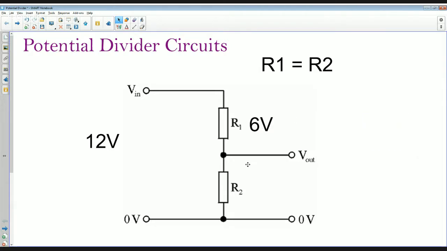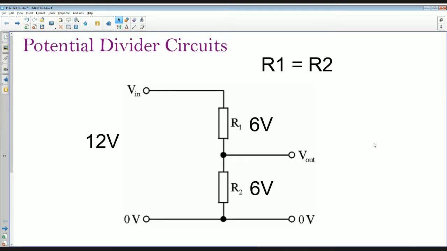And of course, because this is also a potential difference, it has to consume energy as it crosses through R2 as well, and because the resistance of R1 equals R2, the potential difference is also the same across R2. So this is again 6 volts, 6 volts. So basically, it has been divided into two parts. All right, so that's resistance 1, resistance 2.